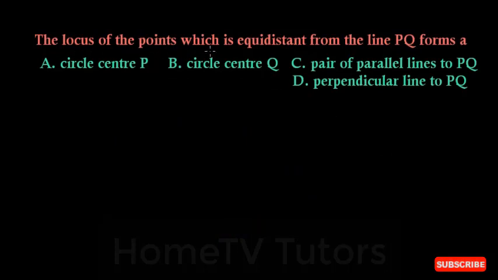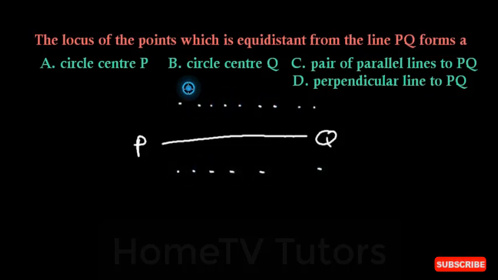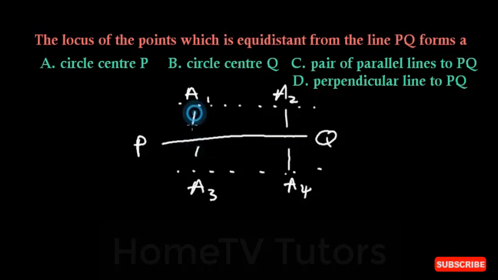The locus of the point which is equidistant from the line PQ forms one of these answer options. With a straight line PQ, we have points A1, A2, A3, A4 that are each equidistant from PQ.